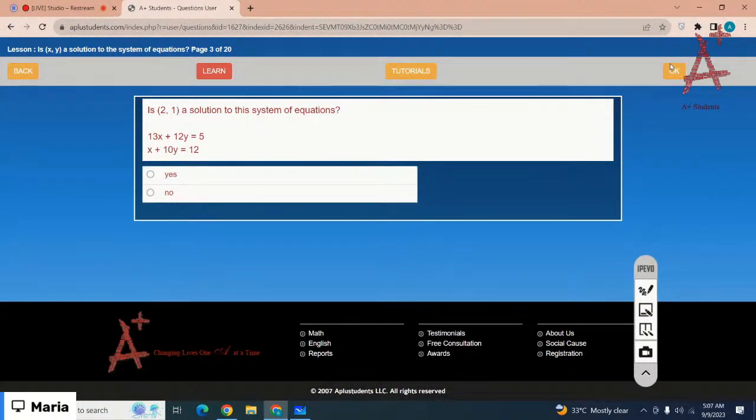The next one: is (2, 1) a solution of the system of linear equations? Which is the correct option? You have to now solve the questions.